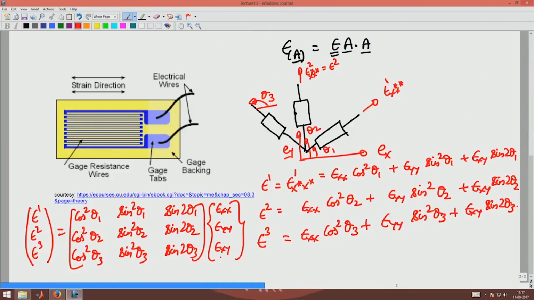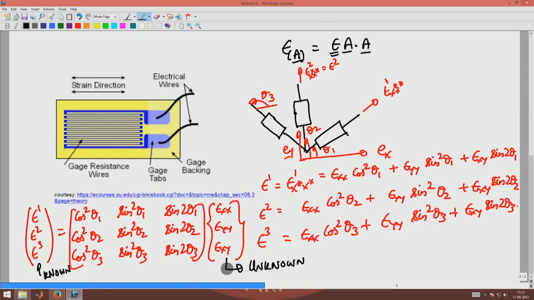Here the left side is known, and the strain vector is unknown. I invert this matrix and I can find the unknowns in terms of the known vector. Okay. So, this is how you measure epsilon xy.